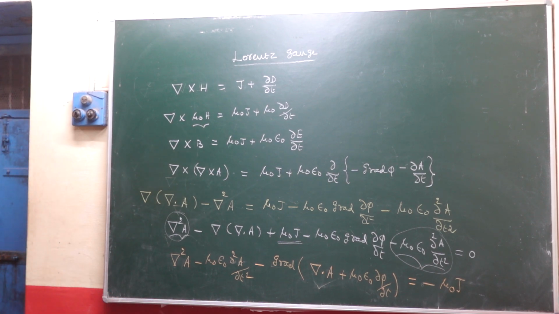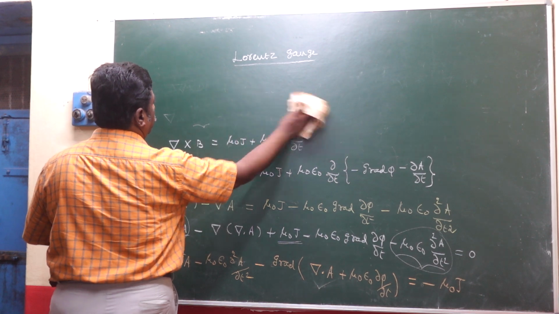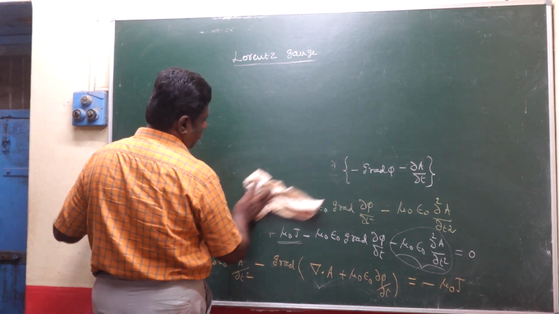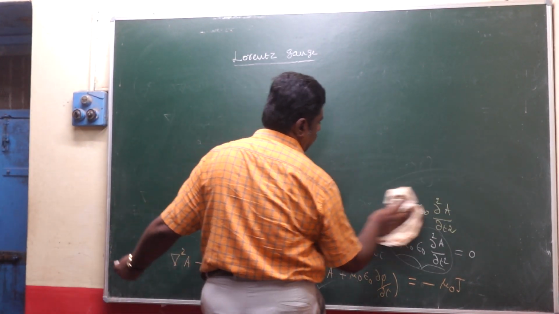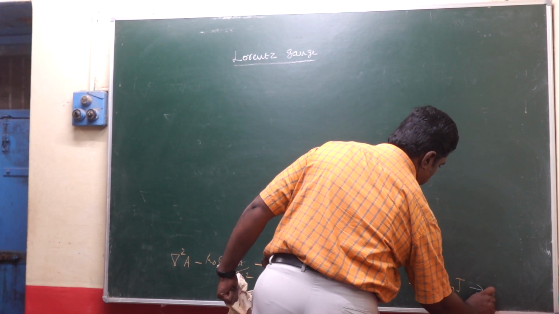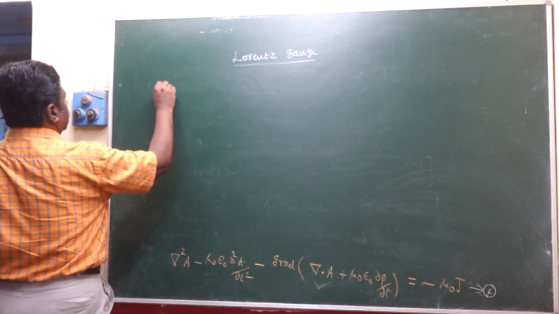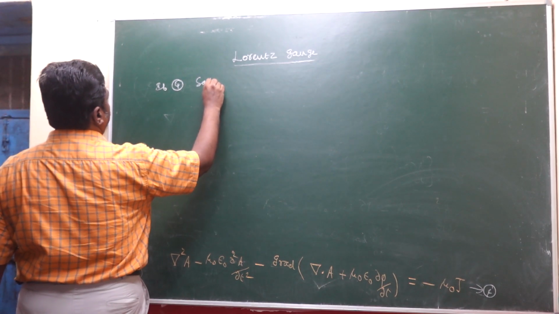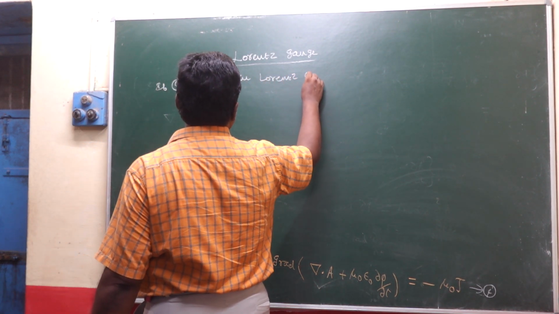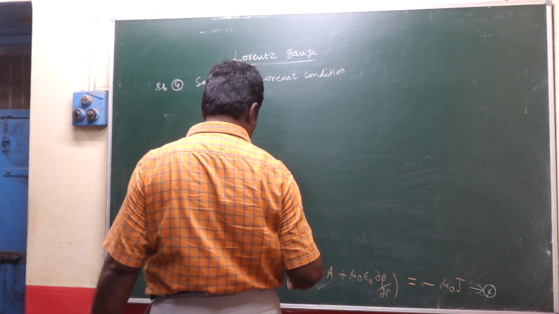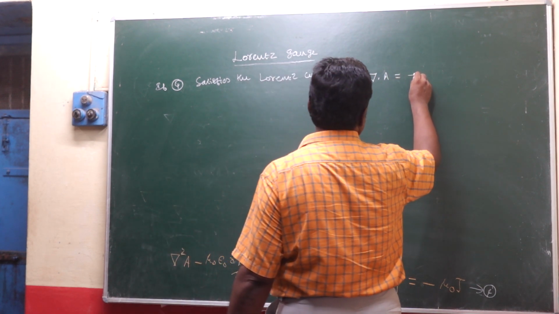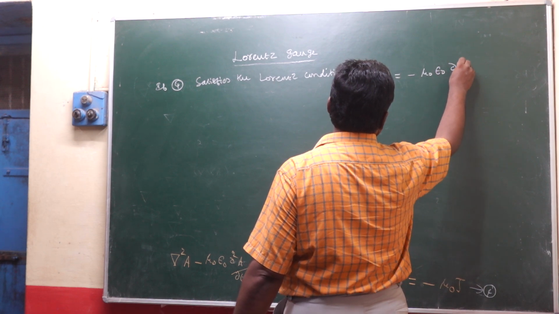Now, it should be modified further. In this equation, say this is equation 4, if equation 4 satisfies the Lorentz condition, you know the Lorentz condition: div A equal to minus mu naught epsilon naught dou phi by dou t.